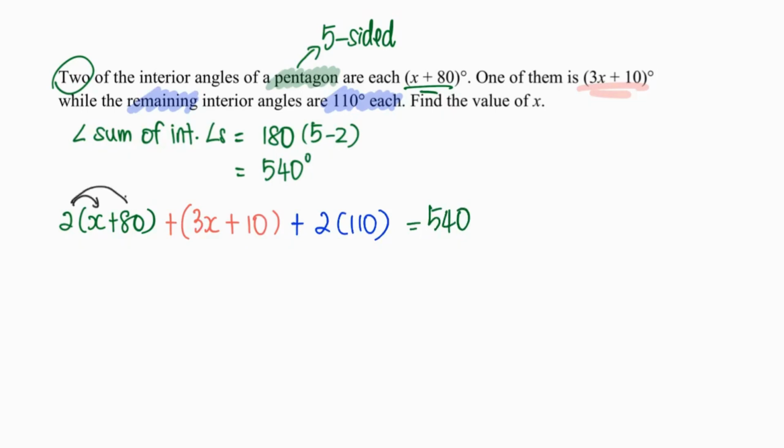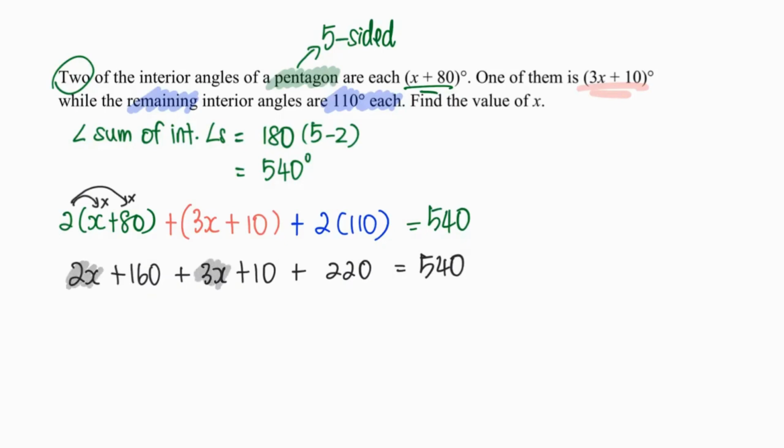So multiply, 2x plus 160 plus 3x plus 10 plus 220 is equal to 540. Let's just solve nicely. 2x plus 3x will be equal to 5x.